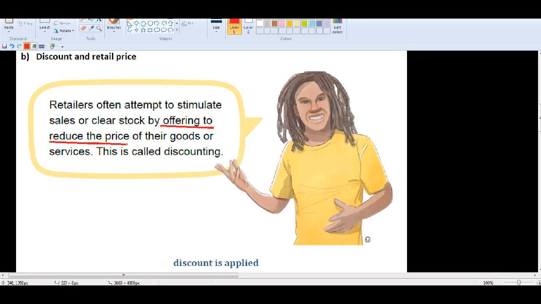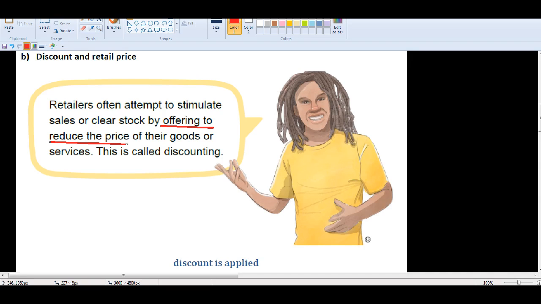It's just the opposite of what we call marking up. Last time we learned markup. For markup, it means you add to the cost price, because as a business you need to make a profit, right?